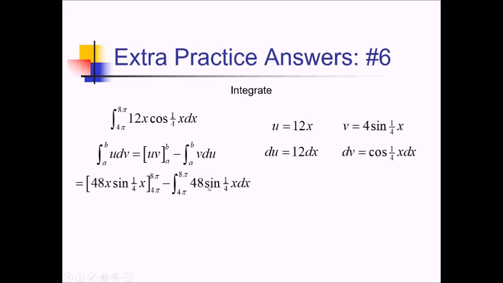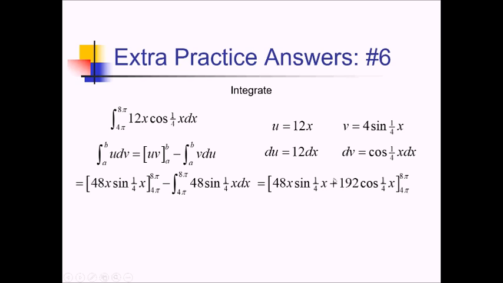The antiderivative of sine is negative cosine, so this actually becomes positive 192 cosine of 1/4 x, evaluated from 4 pi to 8 pi. I'm just going to put all of that inside the same evaluation box as this stuff in the beginning, because it has the same limits of integration, 4 pi to 8 pi. So I can put it all together at once.